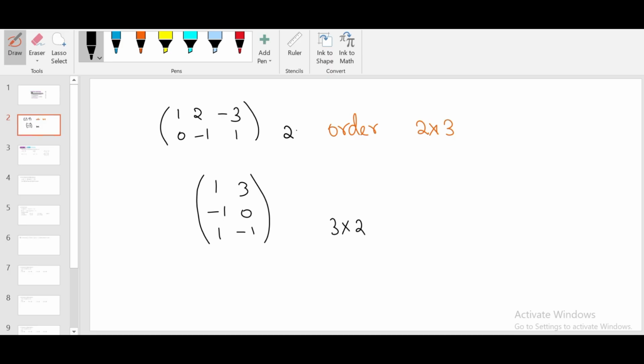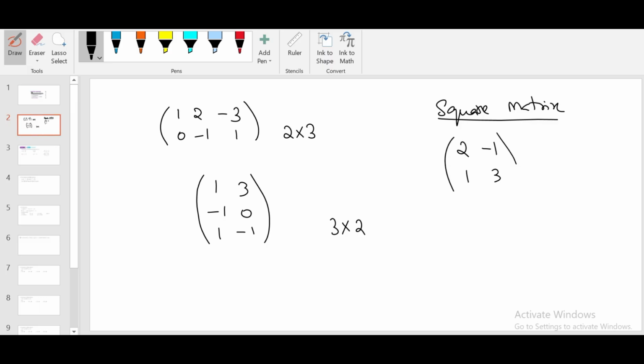If a matrix has the same number of rows and columns, that's called a square matrix. A square matrix is a matrix with the same number of rows and columns. 2 -1 1 3. The order is 2 times 2, or you can simply write 2.